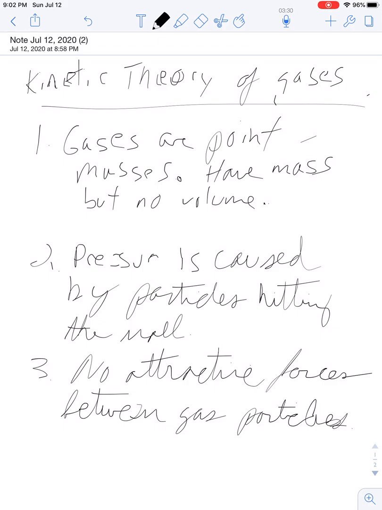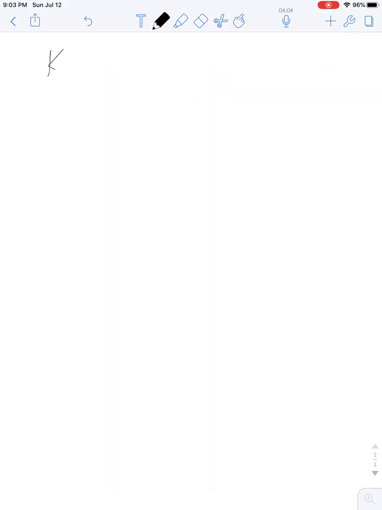And then number 4, the average kinetic energy. Kinetic energy will be abbreviated KE, and the average means a line over it.